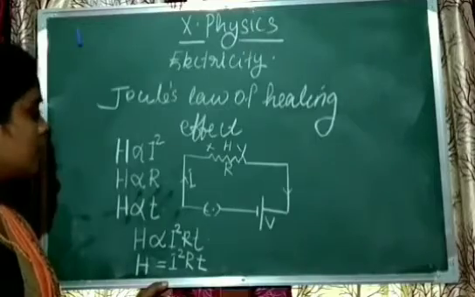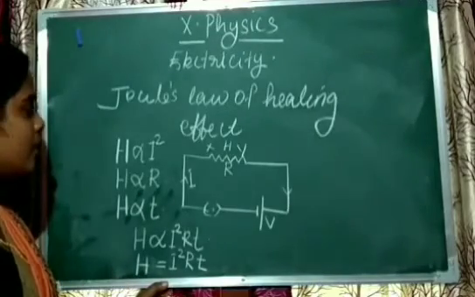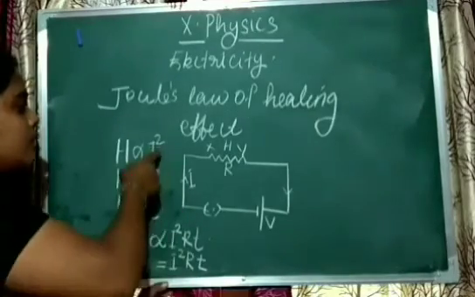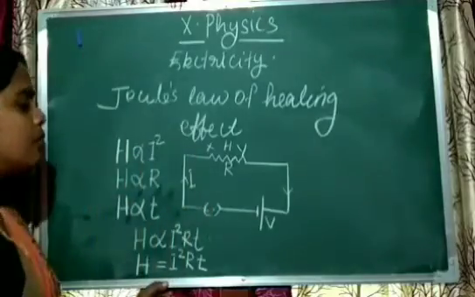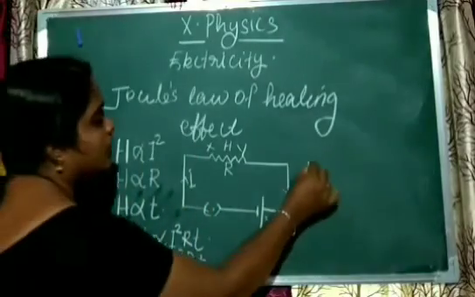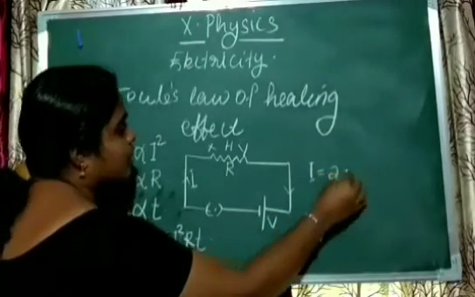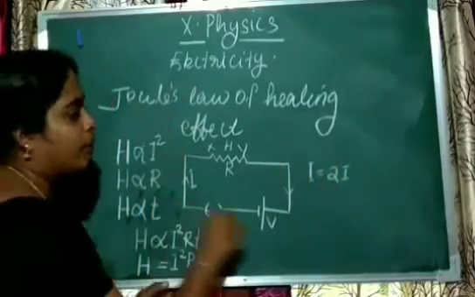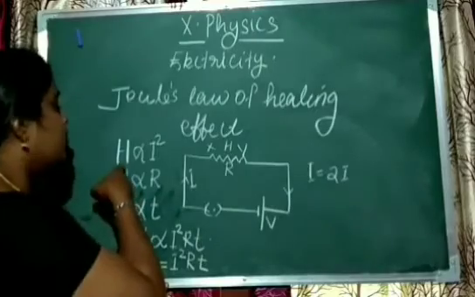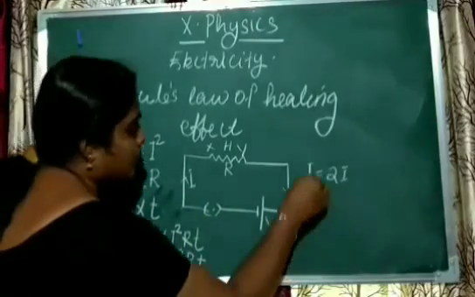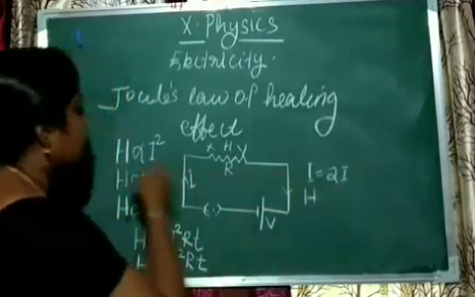From this relation, what can we understand? When the current through the conductor is doubled, so I becomes 2I, what happens to the heat energy? We know that H is proportional to I square.